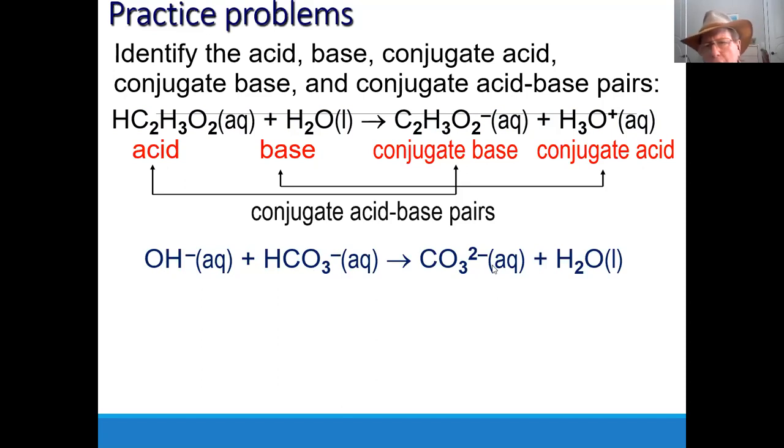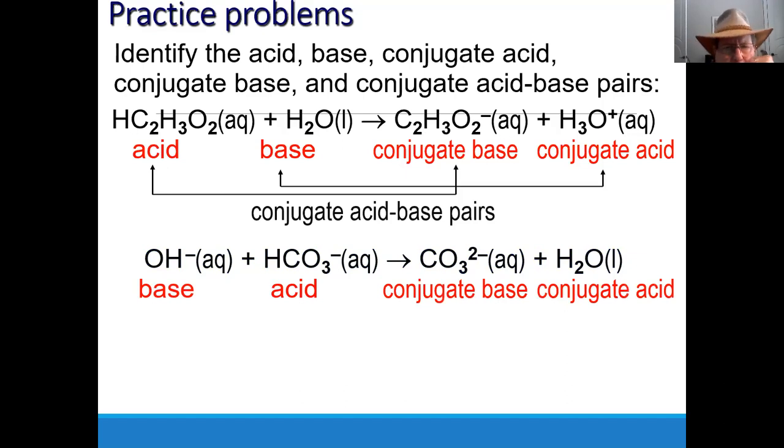Now, Parker, look on the right side. Is there a product on the right side that looks like the acid minus the hydrogen? Yeah, the CO3 2 minus. So the CO3 2 minus can accept protons to become HCO3 minus. So it is the conjugate base.